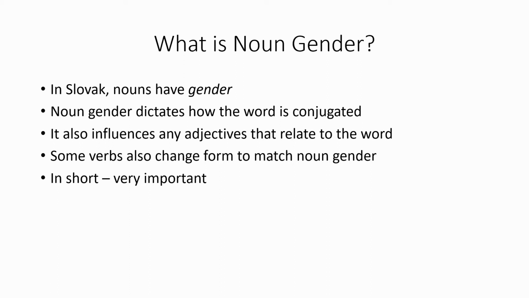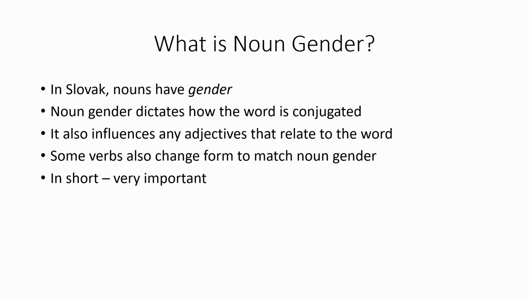So you will remember when we learned how to conjugate verbs, we learned that the third person singular was on, ona, and ono, and that is one for each gender. On for male, ona for female, and ono for neuter gender nouns. So that is why that was very important. Noun gender also influences anything that is attached or related grammatically to the noun in question.